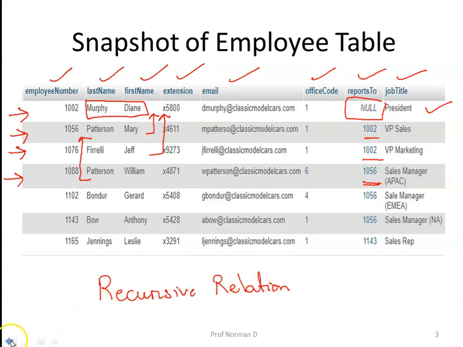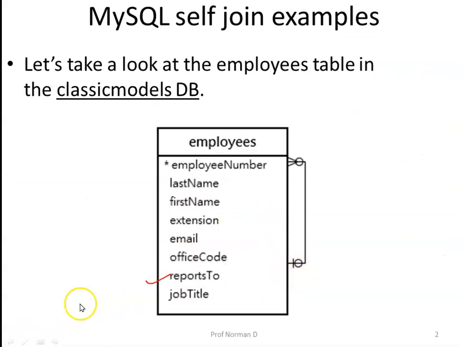That was indicated using this particular line in the schema. A recursive relation. That means this employee number will be stored many times under the reports to column.